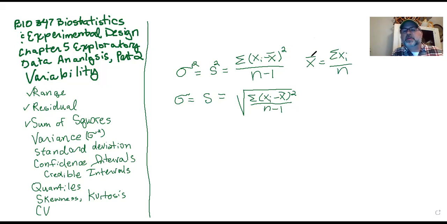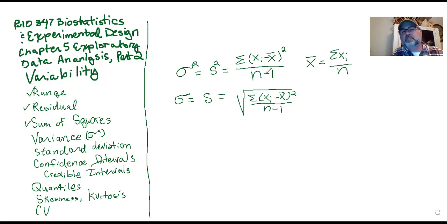And what I want you to think of is what standard deviation is telling you is it's almost like the average deviation or the average residual, right? Because remember, the heart of this is the residual, okay? And what you're doing is you're dividing by the sample size, okay?